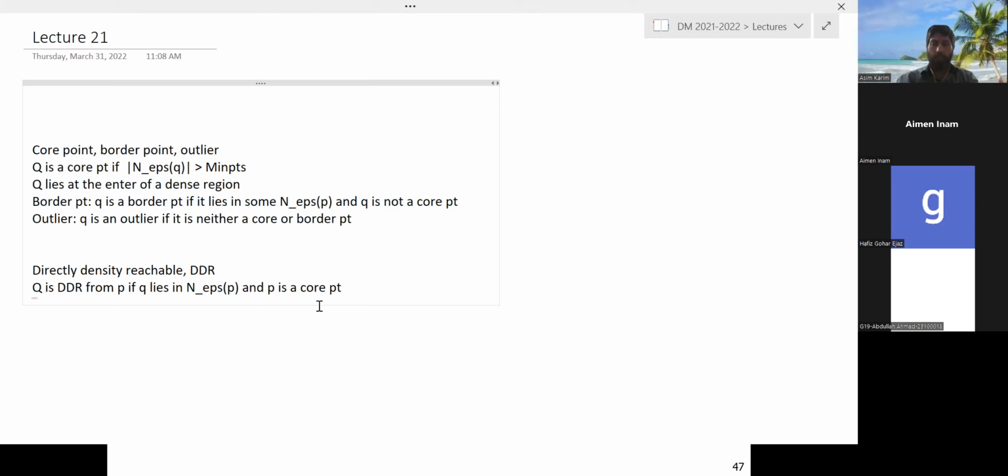In other words, Q is a border point of P. Q is a border point that lies in the region of P, where P, of course, is a core point. So we say that Q is directly density reachable from P. So P is a core point and Q lies in its region.